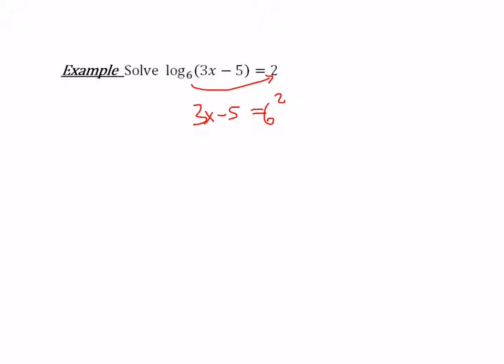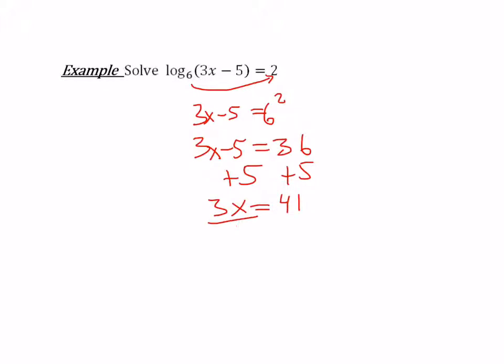We know that 6 squared is 36, so this becomes a pretty simple equation. We can add 5, and we have 3x equal to 41, divided by 3, and x is 41 thirds.